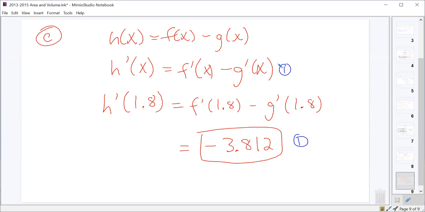Even if you got the wrong value for h prime, they really gave you the point for just trying to figure out what h prime was. So even if you couldn't get that h prime was f prime minus g prime, if you wrote down h prime equals the rate of change of h, they probably would have given you that point. Just the idea that the rate of change of h is the derivative of h was what they were looking for in that first point. And then being able to figure out the value at 1.8 with the right functions in your calculator was the second point. Does that make sense?